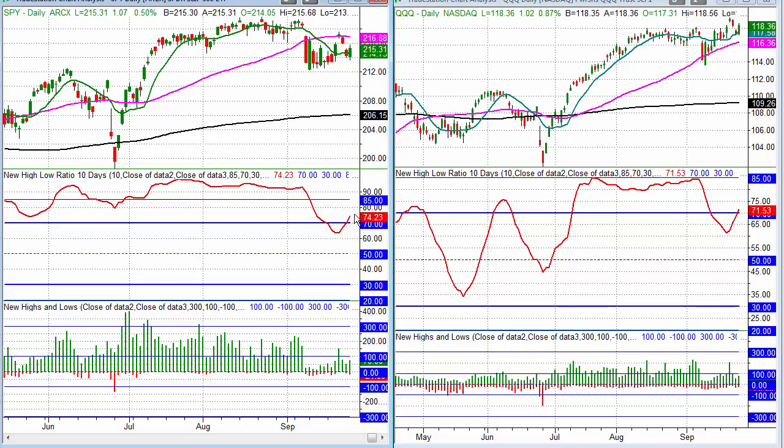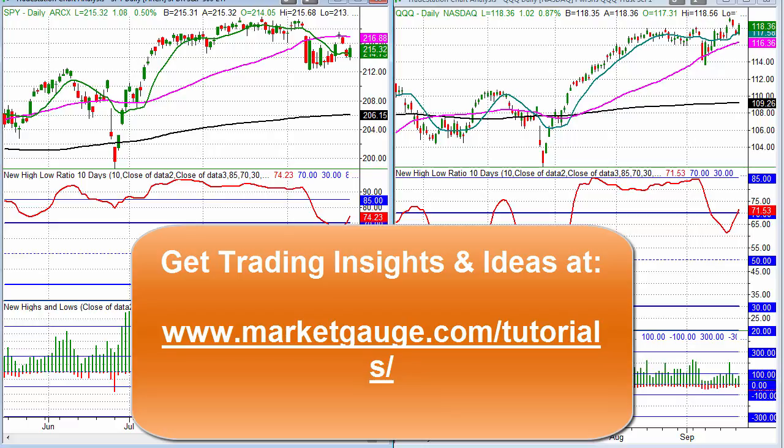You want to see the new high-low ratio, which you can get the definition of if you go to our site /tutorials. And you want to see it over this 70 level with this growing. Right now it's marginal, but the Q is breaking out to new highs is a time where you want to start looking at market leaders, especially on pullbacks.